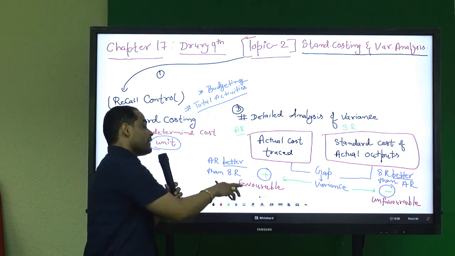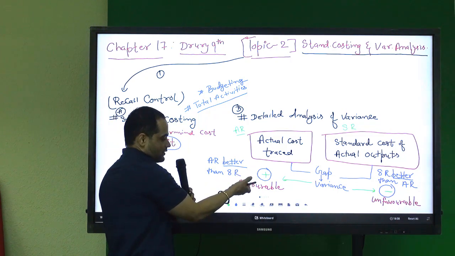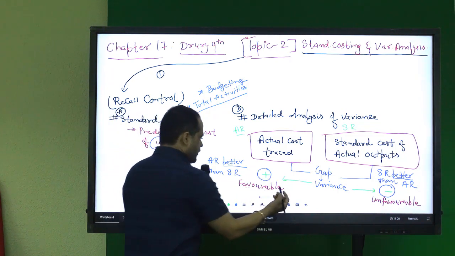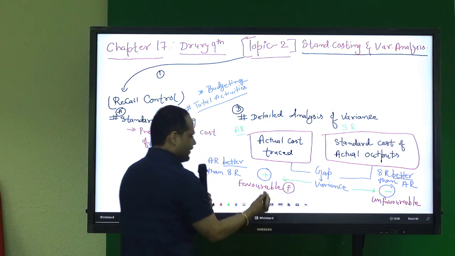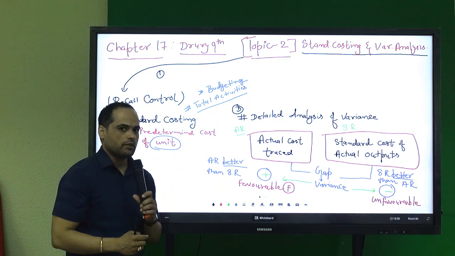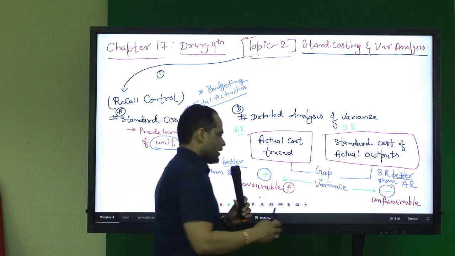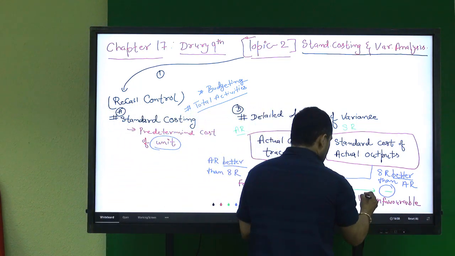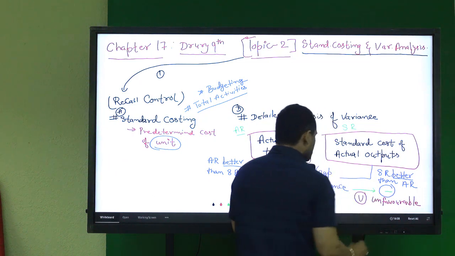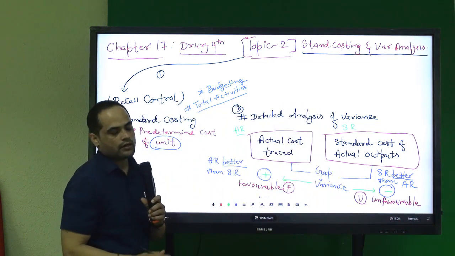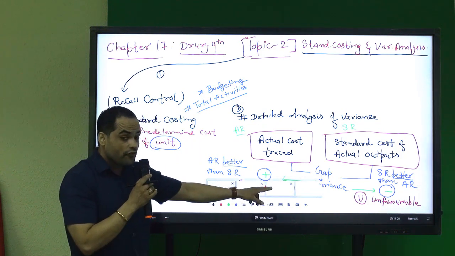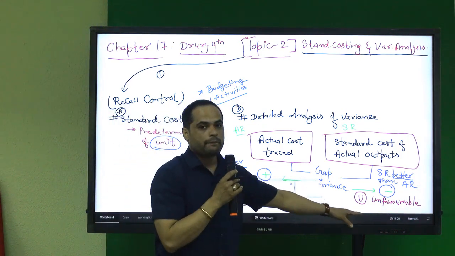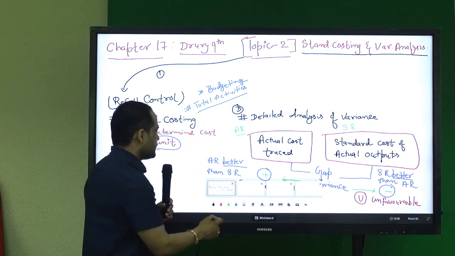Instead of writing the long word favorable, we can use F. F indicates favorable and U indicates unfavorable. So you don't have to write favorable, just write F or U.